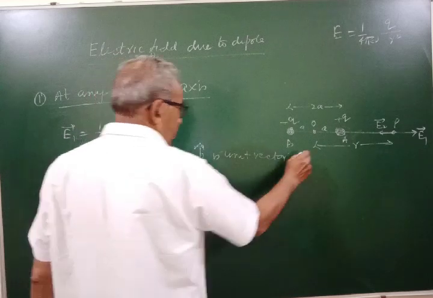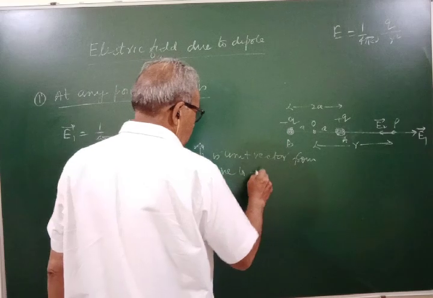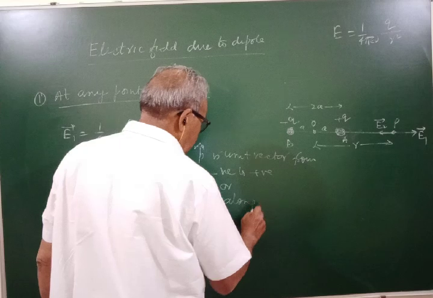The unit vector p cap is from negative to positive, or along the dipole moment.